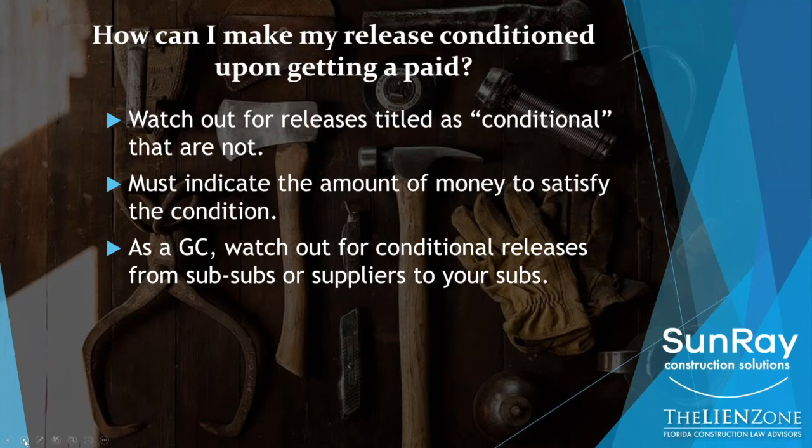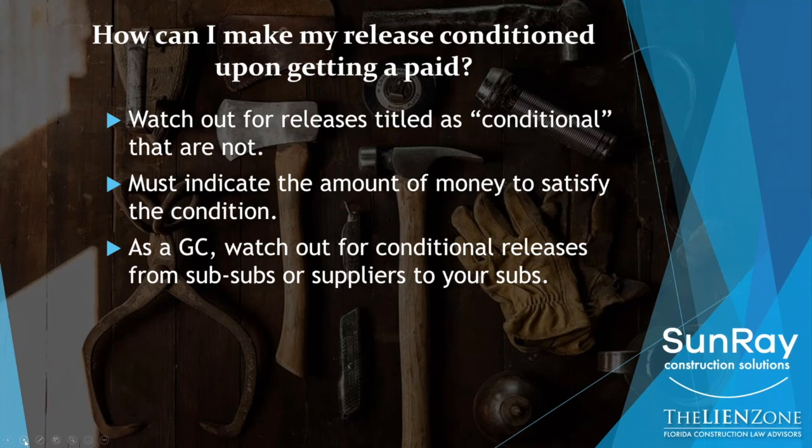So the supplier gives the subcontractor a conditional release, and the subcontractor gives that to me. I now hand my check to the subcontractor, but what if the subcontractor never gives the money to the supplier? I'm holding a conditional release from a supplier that I don't know actually has received that money.